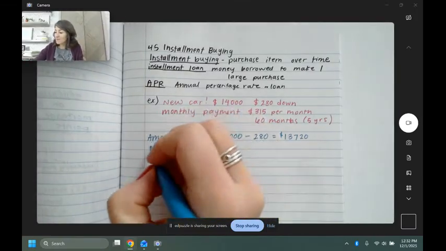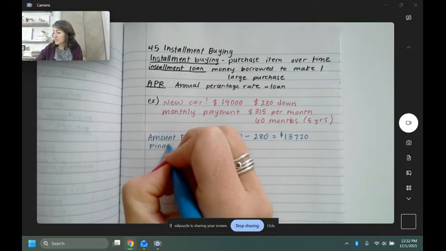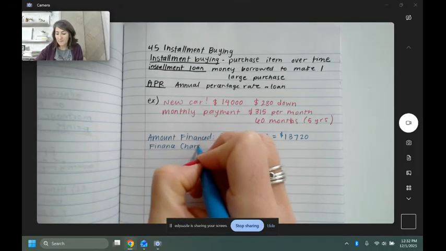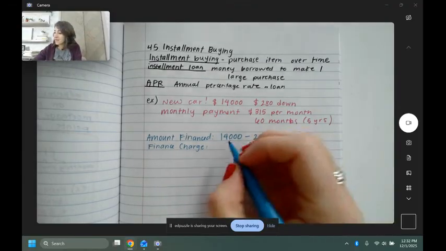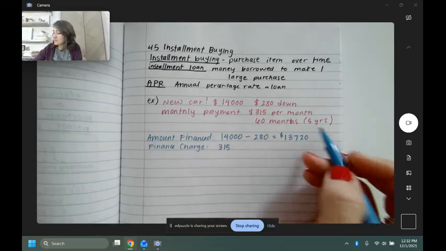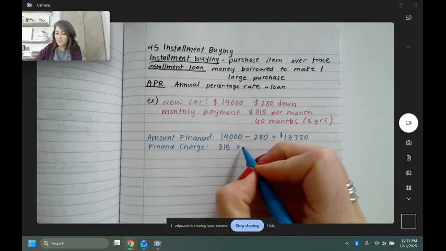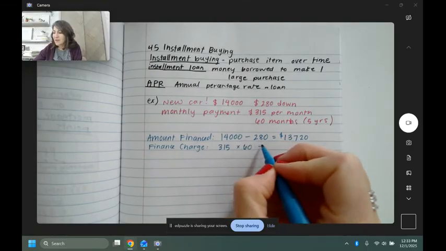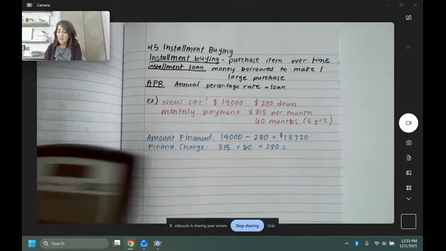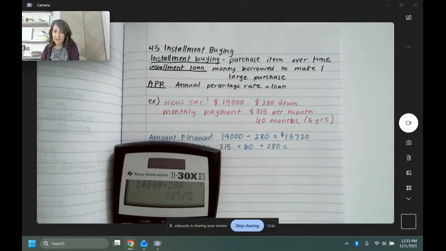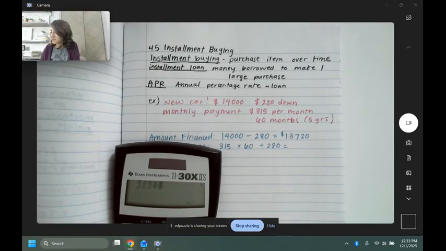And then let's figure out the finance charge. This is how much I paid with interest. So if I paid $315 for 60 months, plus I also paid that $280 originally, how much money does it cost to pay this loan? So $315 times 60 months plus $280.